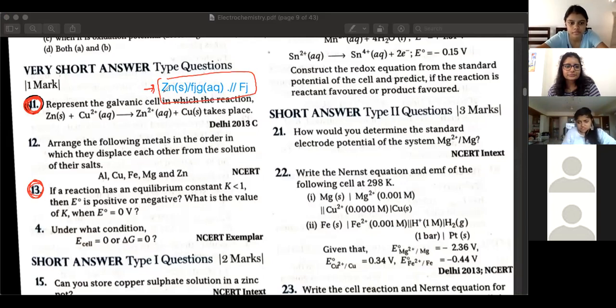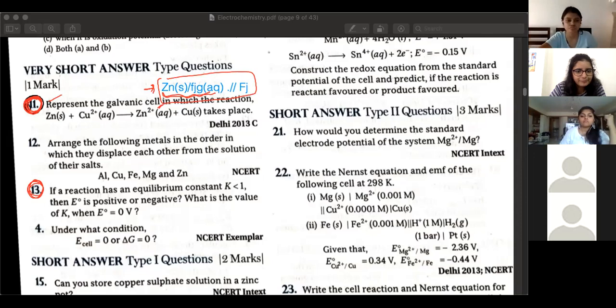Ansh, type it out this way or write it and send a picture. Whenever they say represent the galvanic cell, you don't have to draw the picture of the galvanic cell. You can directly just do this. Cell representation is a section so that you get familiar with this representation.